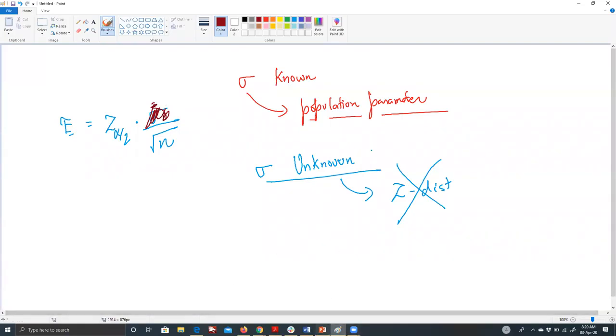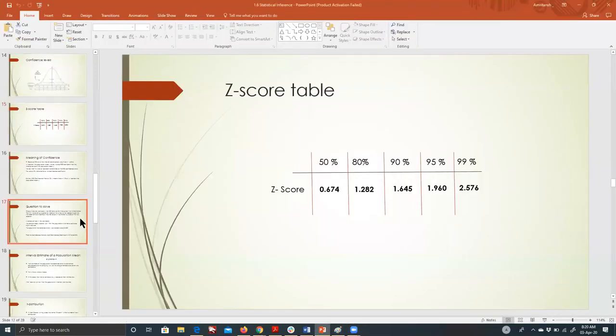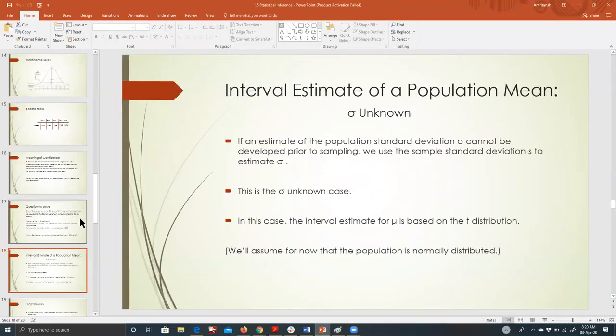But another assumption is that the data is still normally distributed. Even when I talk about the t-test or t-distribution, that is based on the idea that it is a normal distribution. So you cannot really get rid of the normal distribution here.